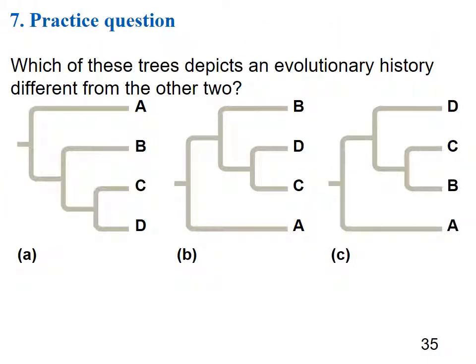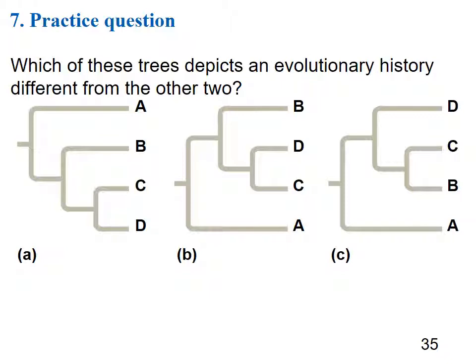So for number 7, which of these trees depicts an evolutionary history that's different from the other two? Go ahead and pause it here and hit play when you're ready. So the last picture, or C, is the one that's different from the first two. It gets tricky because the labeling is awful here, because they're all labeled with letters.